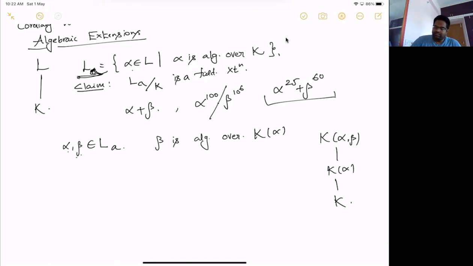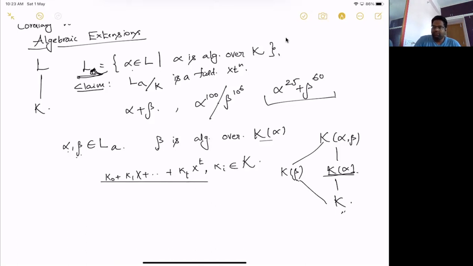Now, beta is algebraic over K. In particular, beta is algebraic over K of alpha also, because K of alpha contains K. So if beta satisfies some polynomial, let us say a naught plus a1 x plus up to at x to the power of t, where ai belongs to capital K, then of course beta satisfies the same polynomial over K of alpha.